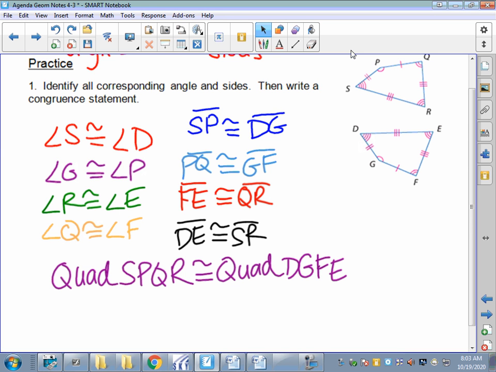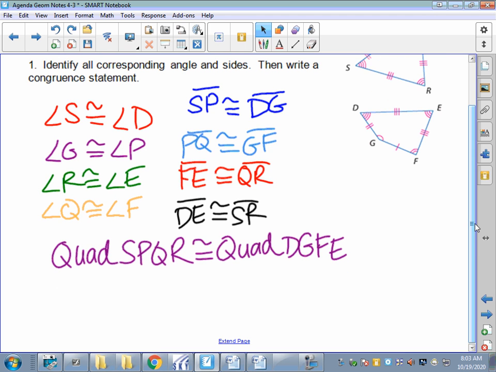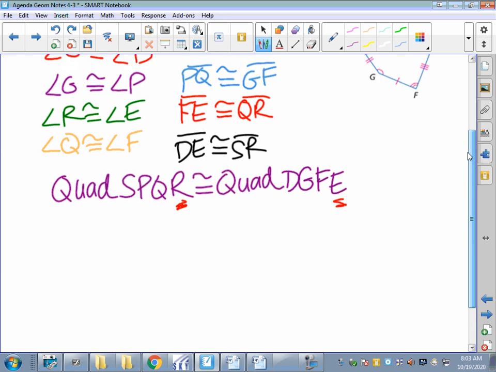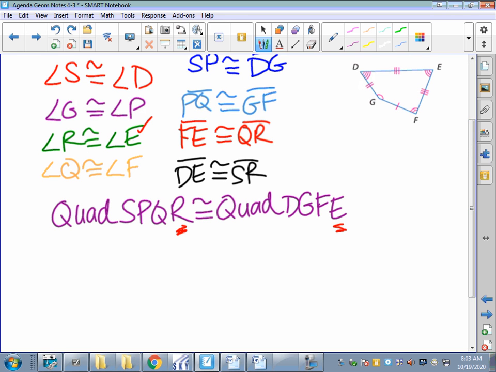I'm going to ask you to do some problems like that. Remember, when you do make your congruent statement, say angle R has to be corresponding to E because that's what the congruent statement says. Check, R and E are congruent. Or maybe we'd have to say side PQ is corresponding to GF.